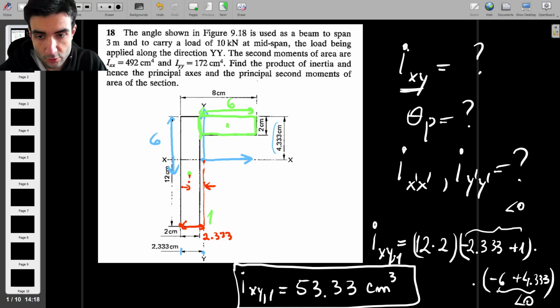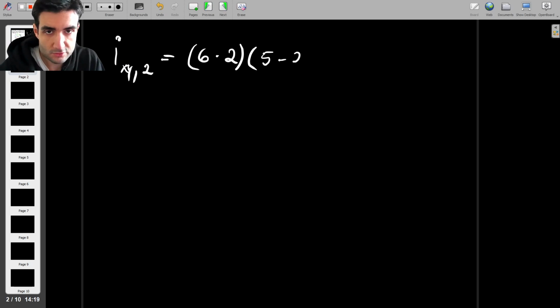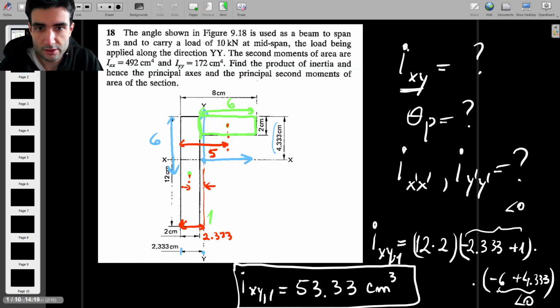And then also from here to here, we have 2 plus 3, so we have 5. Right, so then it's the difference that we're after, and it's positive because this point is to the right of this point, right? So it's 5 minus 2.333. So that's the x coordinate, and now we do the y coordinate.